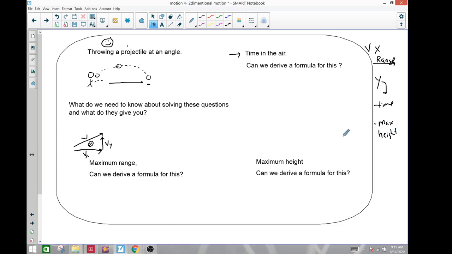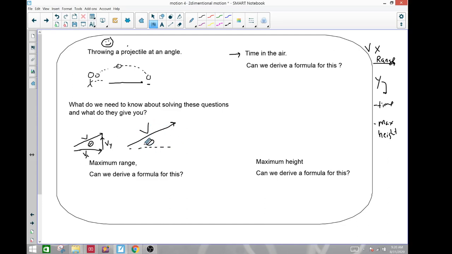The first idea you're looking to encompass here is time in the air. But when I see a problem that's got an angle and a velocity, my mind says, okay, I need to know my components. So let's do that quickly, using our cosine and sine functions.